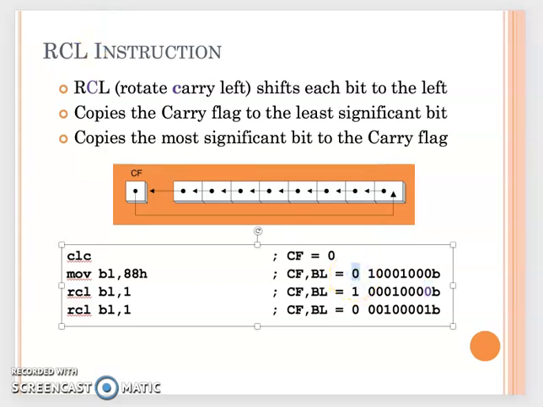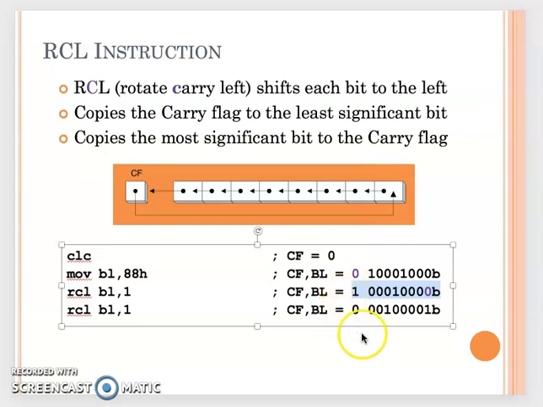So you will see here that in your rotation with the carry flag, every time they also update the carry flag value. So that's why now the carry flag becomes 1. So if we do the RCL again with 1 bit, they will do it like this. The most significant bit is copied over to the carry flag.